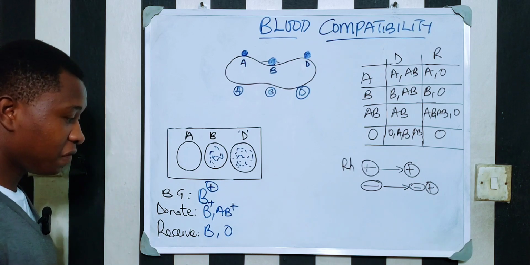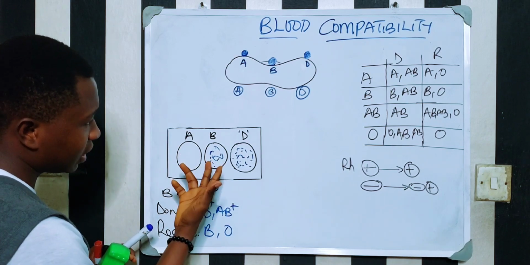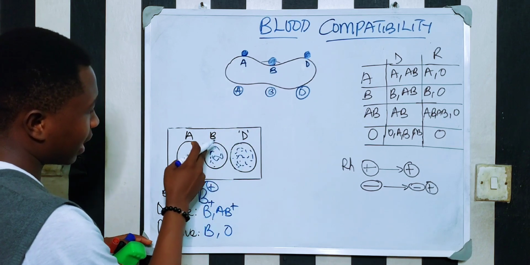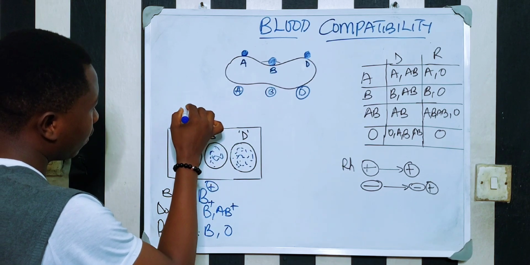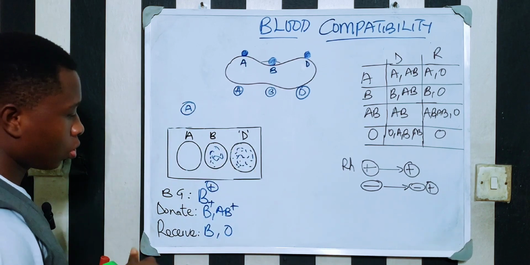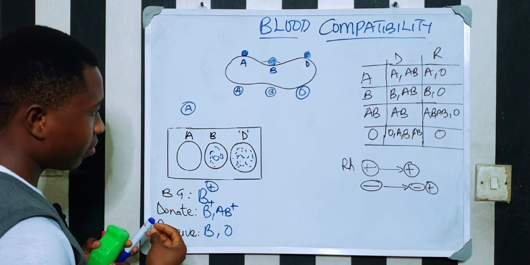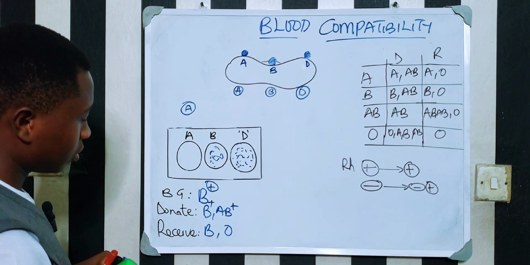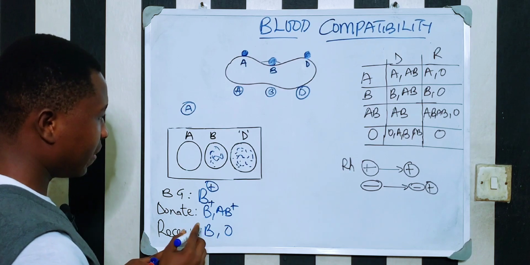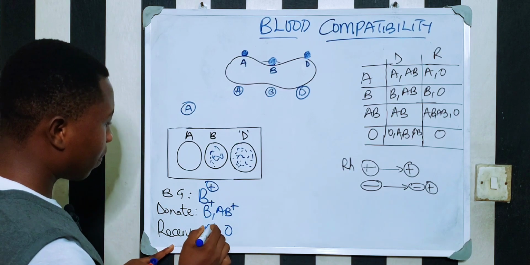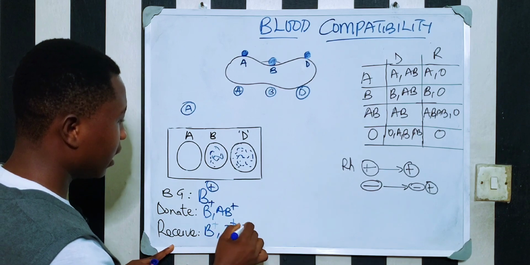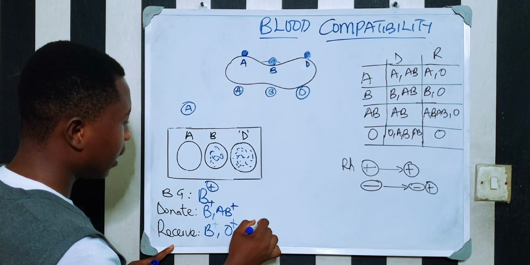To specify the resource factor, we're going to look at the antibodies in circulation here. The antibody in circulation here will be antibody A. There is no antibody here. So the people that blood group B positive can receive blood from are B positive, O positive, B negative, and O negative.